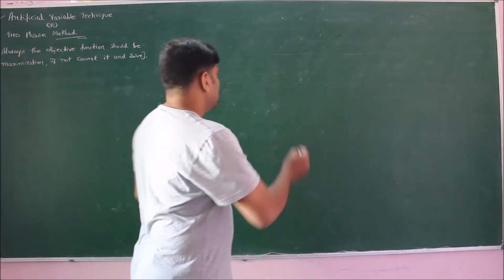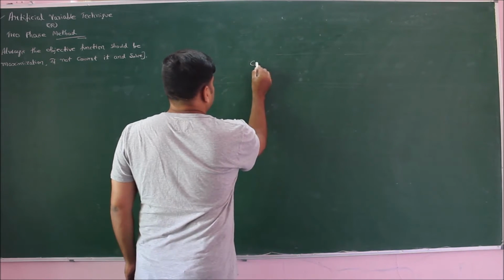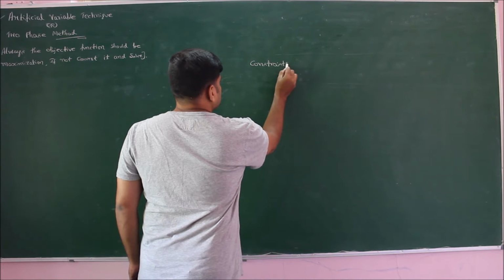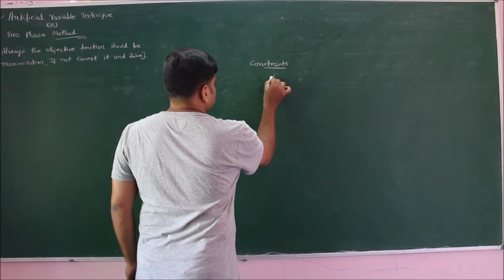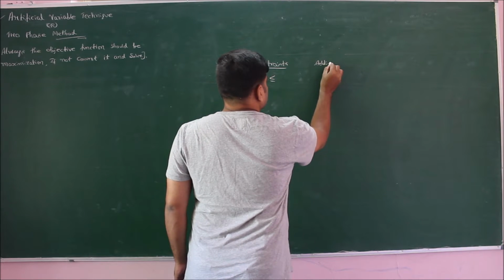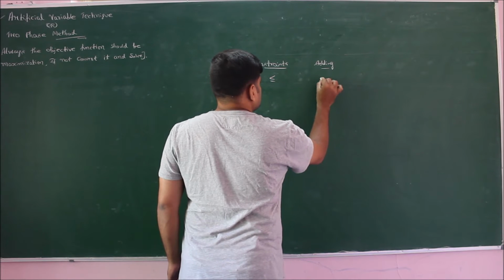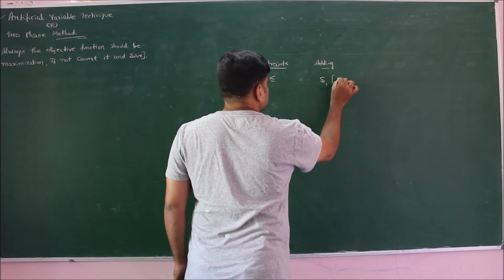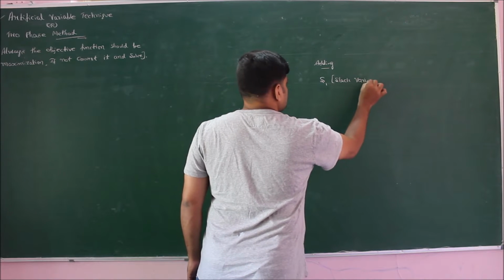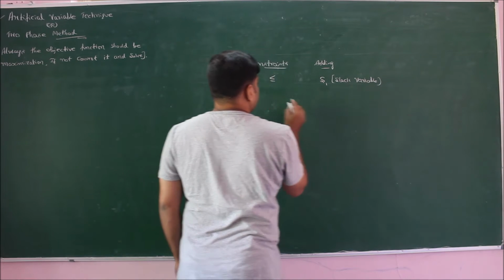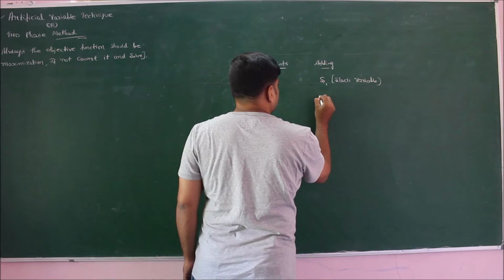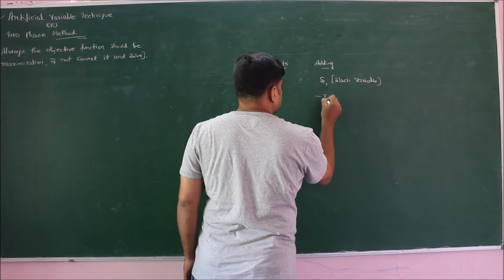That is, whenever we have the constraints as less than or equal to, we will be adding slack variable. Whenever we have the sign of the constraint as greater than or equal to, we will be subtracting the surplus.